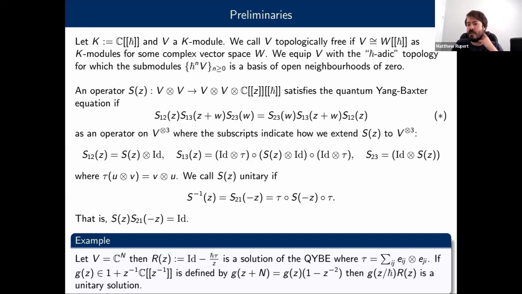Okay, and if you look at the literature on quantum vertex algebras, they're often building vertex algebras on a space called the dual Yangian, and they actually use this solution. So this is a particularly important solution for quantum vertex algebras.